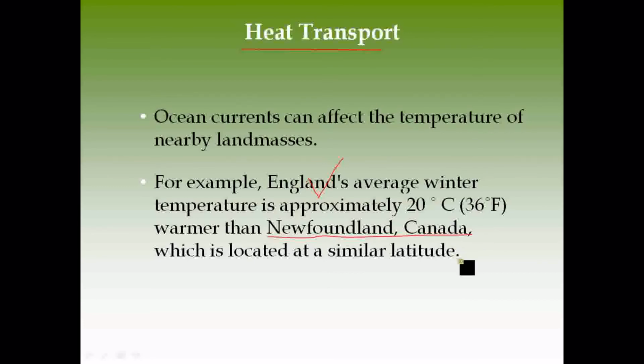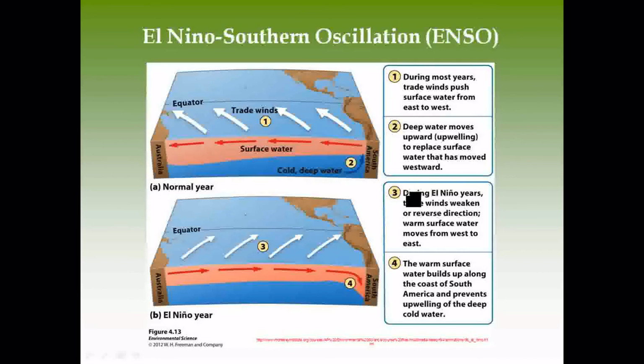That's where they ought to have weather like Newfoundland, and they do not. They have weather 20 degrees warmer. That's because of the heat transportation that happens with that Gulf Stream coming up our coast and then swinging across.